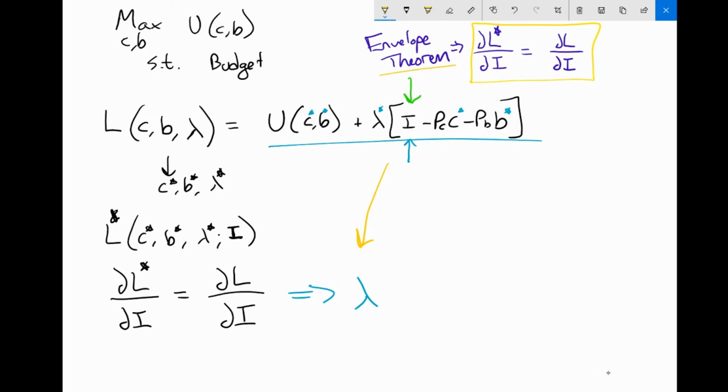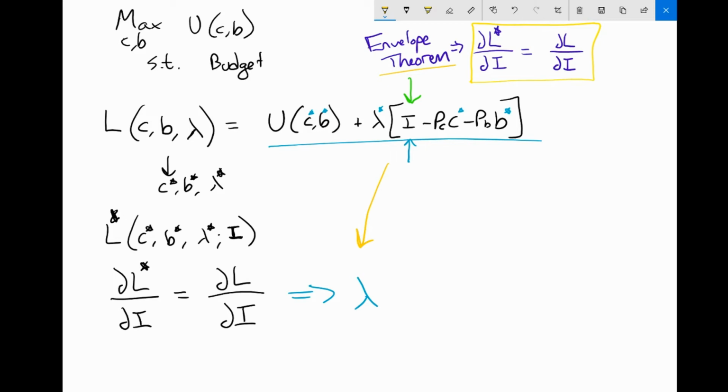Because it becomes quite easy for me to ask how a change in a parameter affects an agent's optimal utility. Well, I will just use the envelope theorem to determine that.